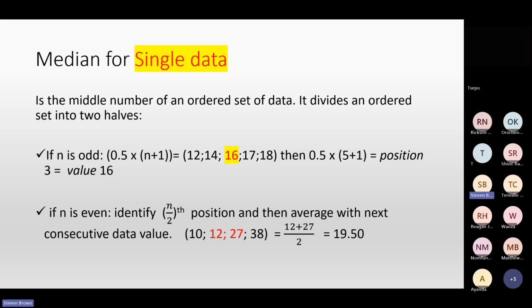In this example, we had 5, so we were looking at the value, because 5 plus 1 is 6, in position 6. Okay. So with even, I won't concern myself too much about it. I would rather you make sure you remember the calculation for the odd numbers. So that's median for single data.